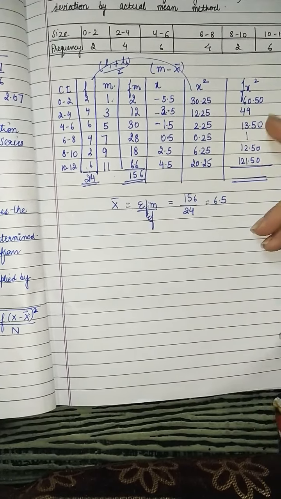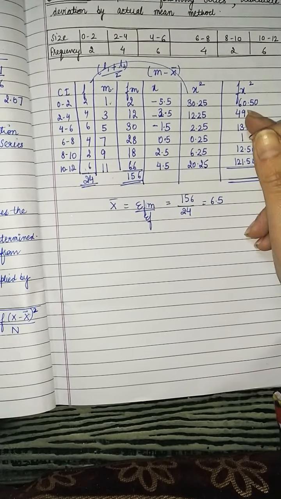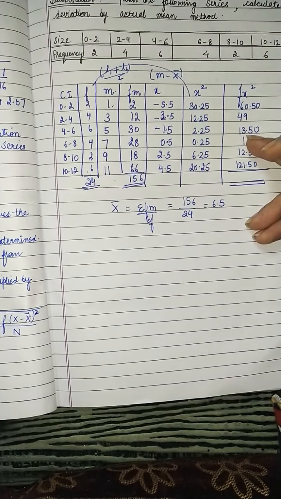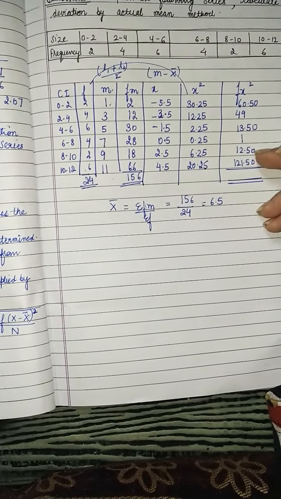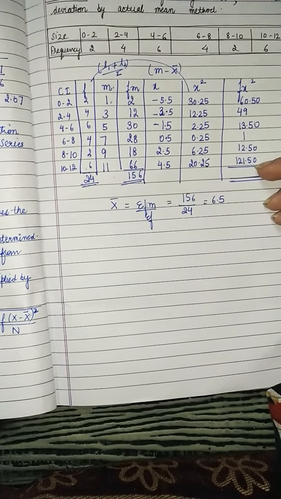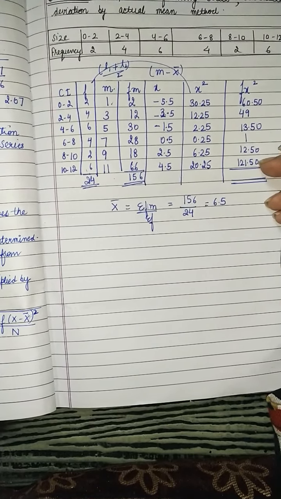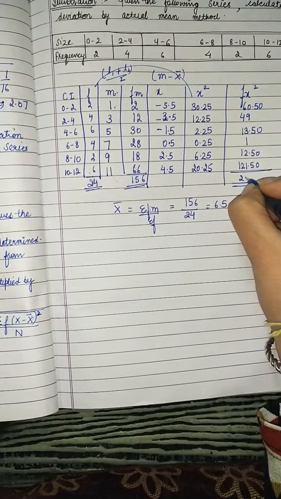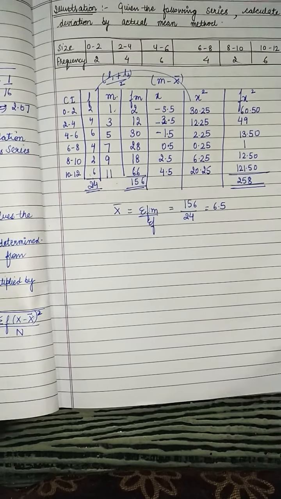So the total is 60.50 plus 49 plus 13.50 plus 1 plus 12.50 plus 121.50, which is 258.